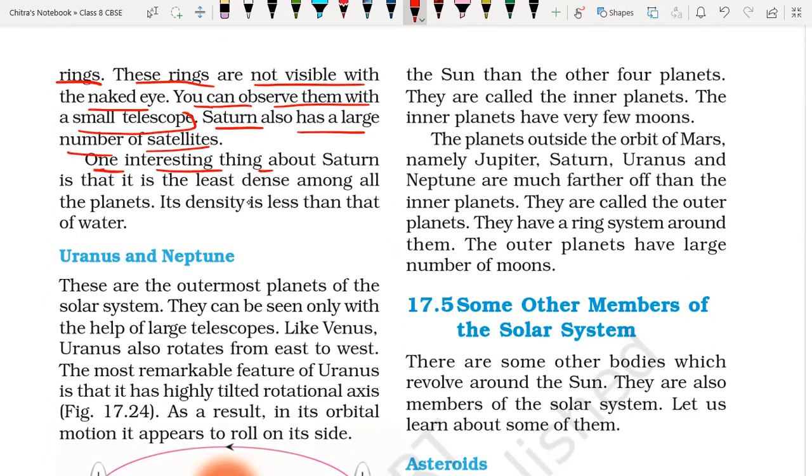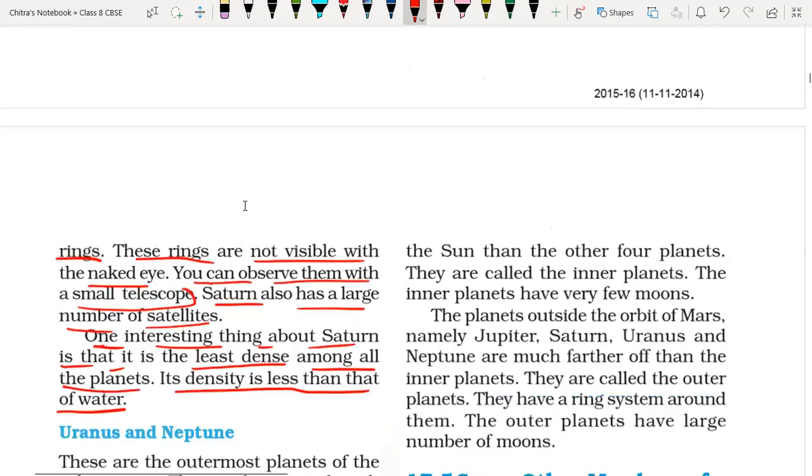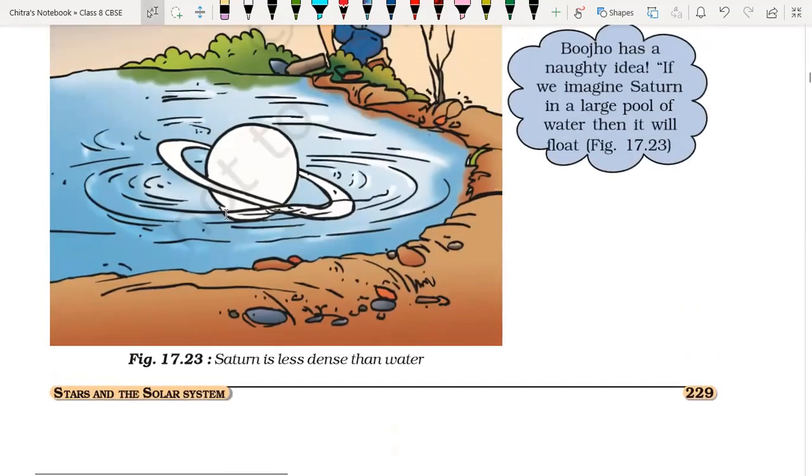One interesting thing about Saturn is that it is the least dense among all the planets. Its density is less than that of water. That means if you place Saturn in an ocean, it is going to float.